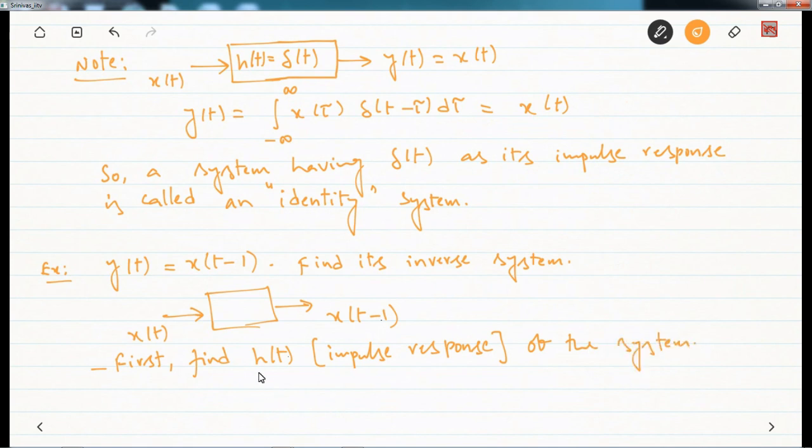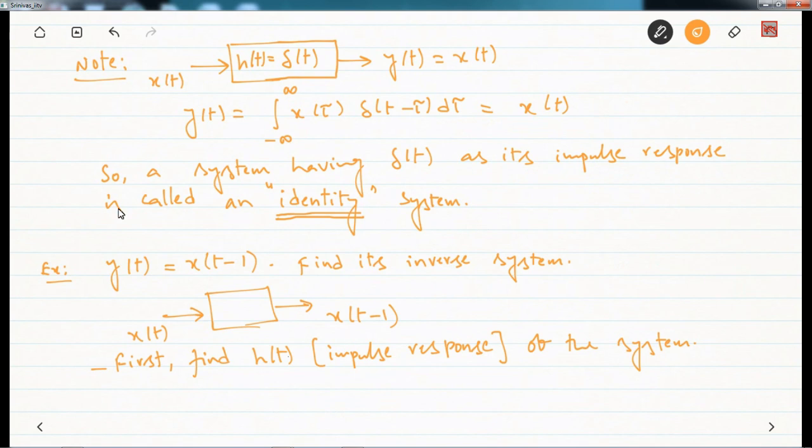So how do you find the impulse response? While discussing something else, we have come across what an identity system is, right? Similarly, now we will discuss how to find the impulse response when we are given the input-output relation.